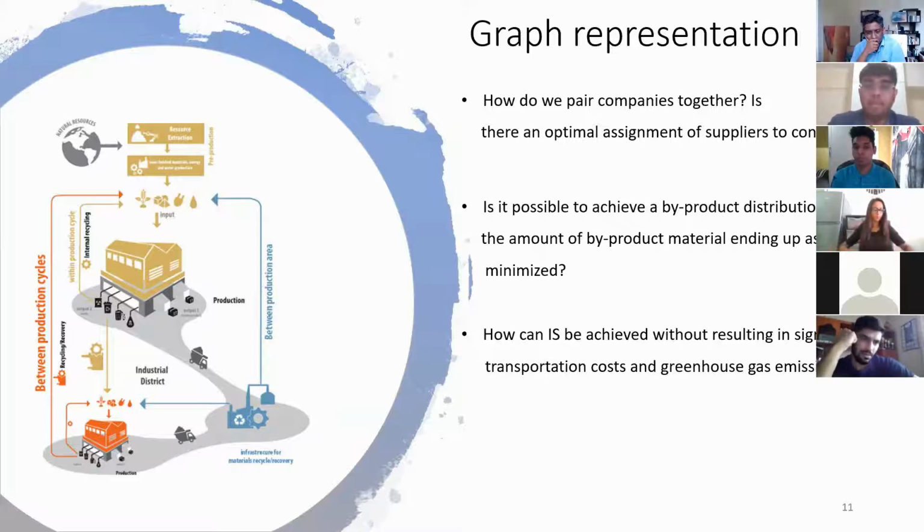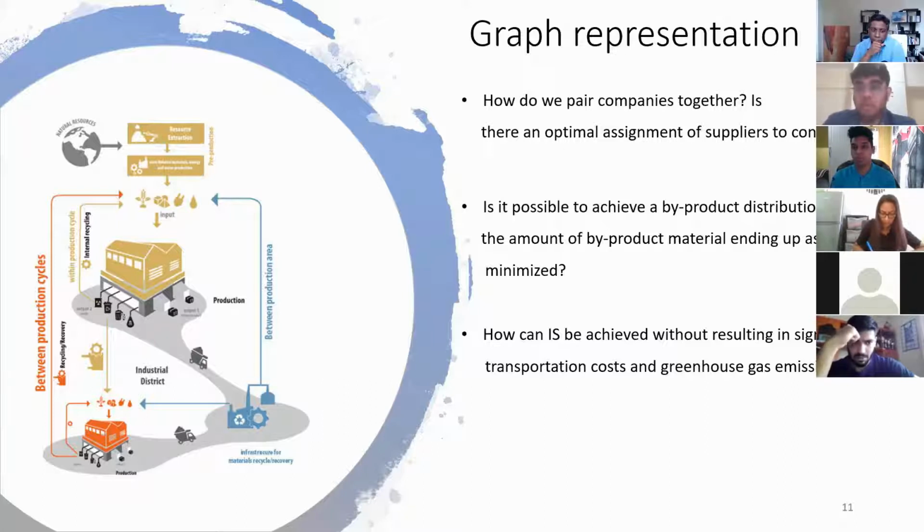And how can industrial symbiosis be achieved without resulting in significant transportation costs and greenhouse gas emissions to achieve these resource exchanges? These questions seek solutions to problems that are analogs of well-established operations research problems.